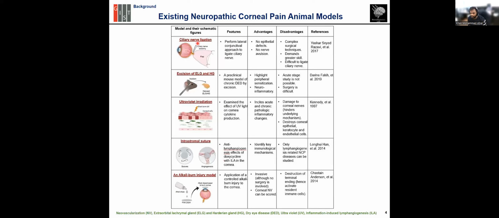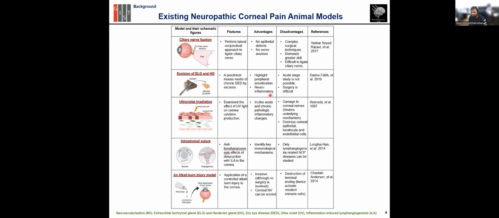The most accepted one is the ciliary nerve ligation by Yasir et al. They perform a lateral conjunctival incision to ligate the ciliary nerve. There are advantages to this, but the disadvantage is that it is a very complex surgical technique and demands greater skill, and it's not easy to ligate the ciliary nerve because it is very thin and very difficult to ligate.